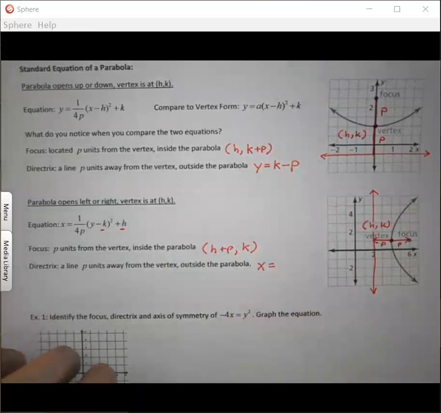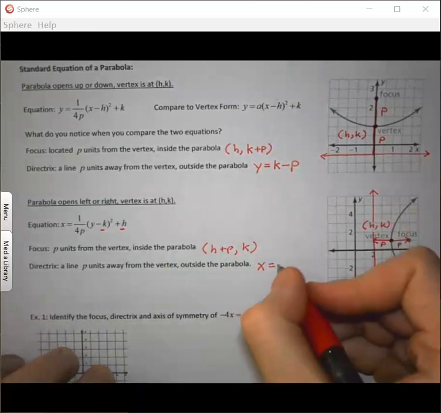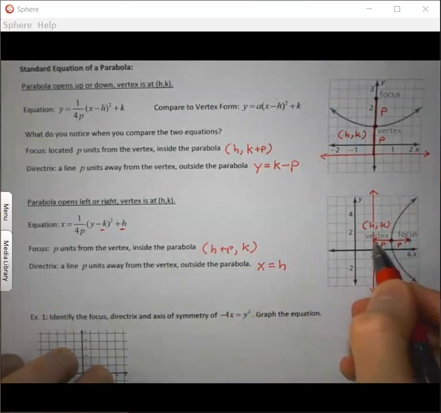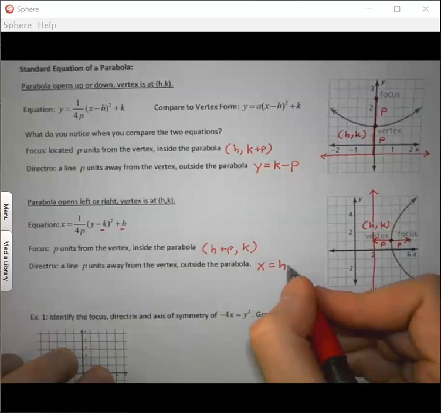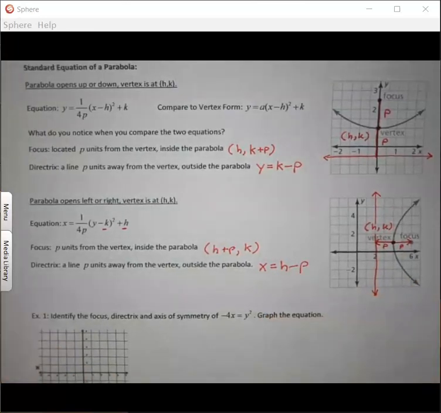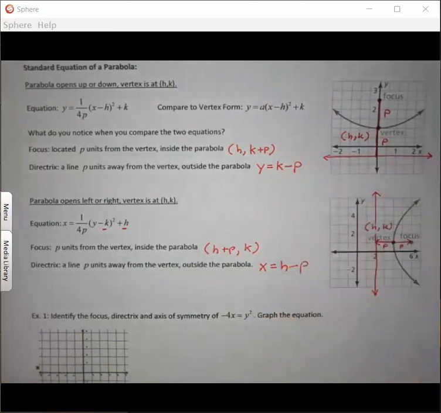And we can, again, find that value from our vertex. So our vertex, our x, or our h, and then to get to our directrix, we have to go backwards or take away the value p. So we're going to use this relationship between our vertex, our focus, and our directrix.